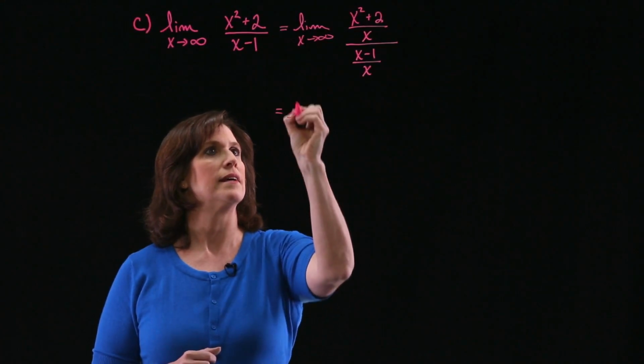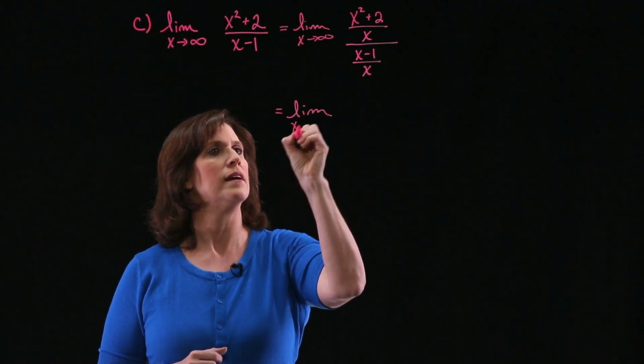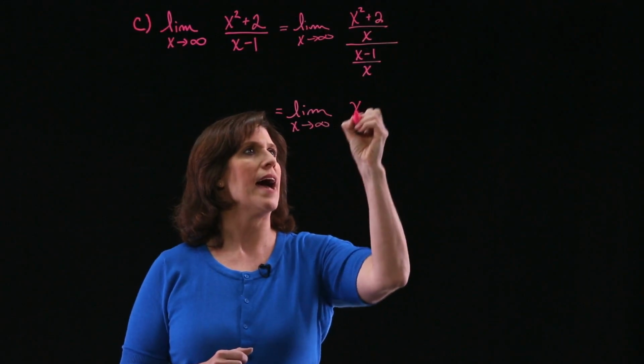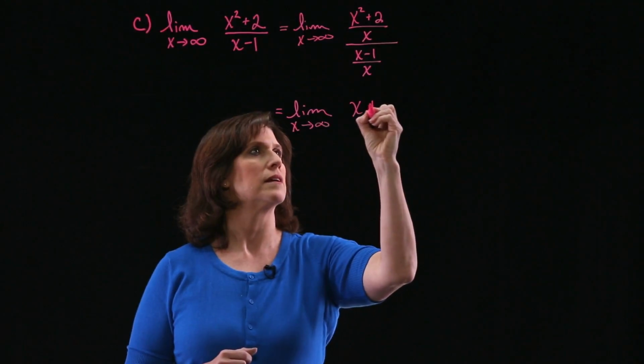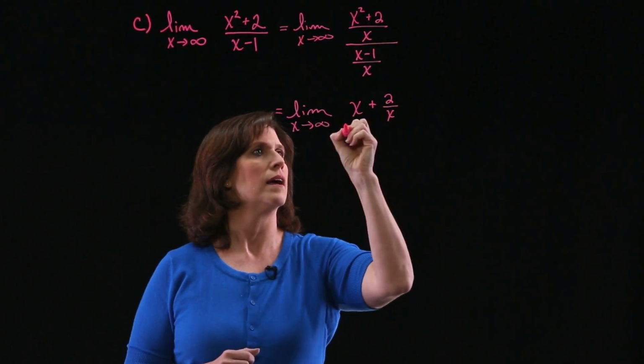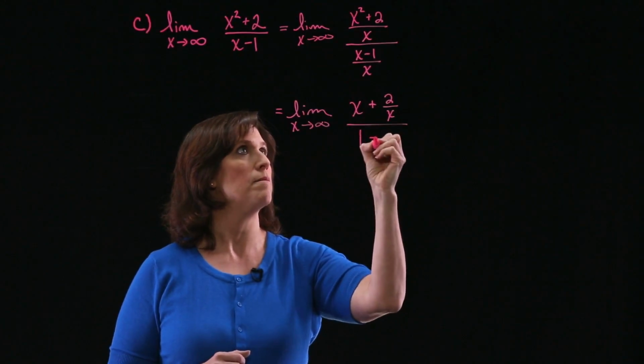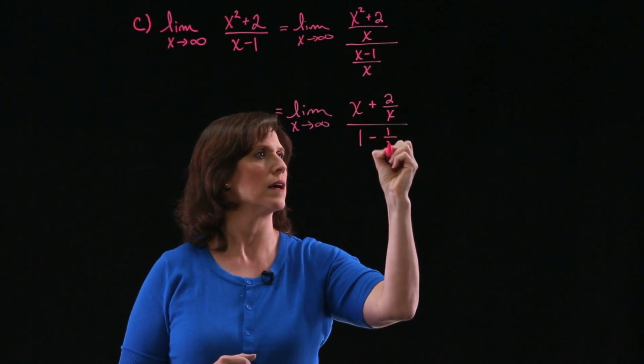And we'll rewrite my expression. This is x squared over x, which is just x, plus 2 over x. And in the denominator, we have x over x, which is 1, minus 1 over x.